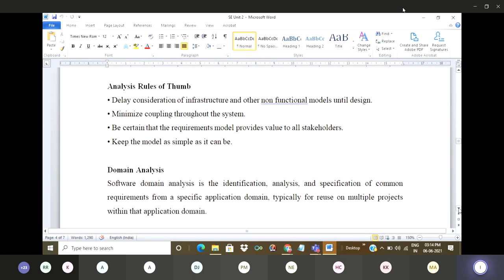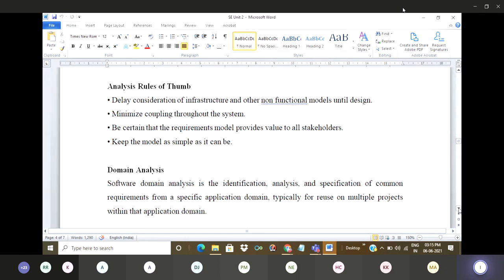Keep the model as simple as it can be. These are the analysis rules of thumb.